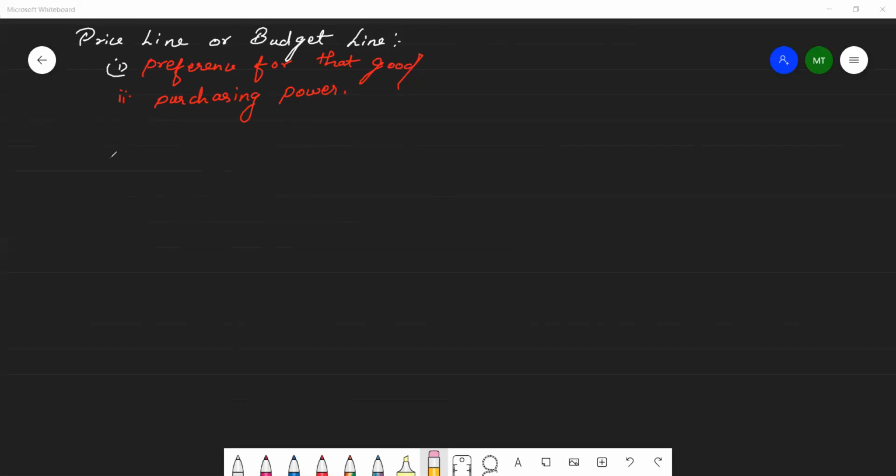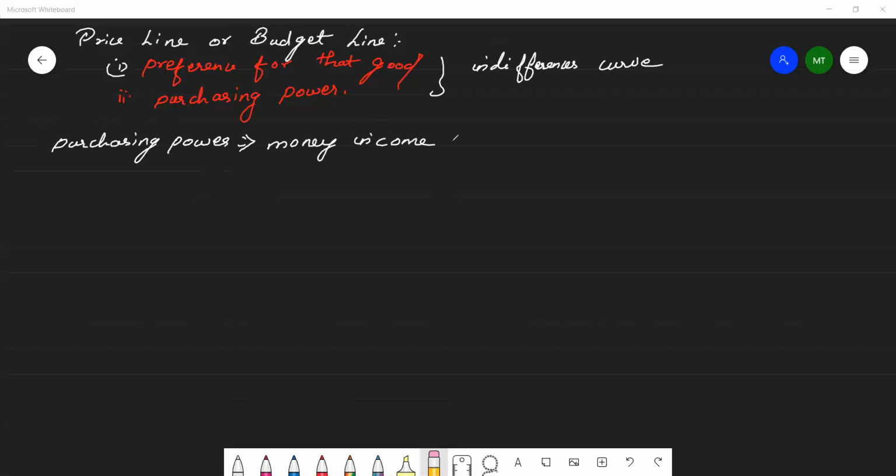The preference pattern is represented by a set of indifference curves. The purchasing power depends on his money income and price of the goods.